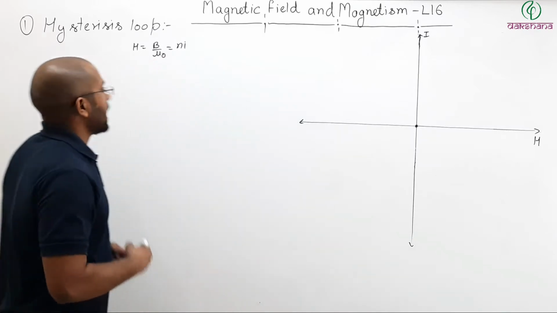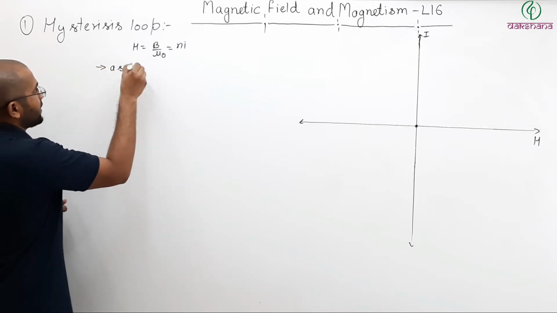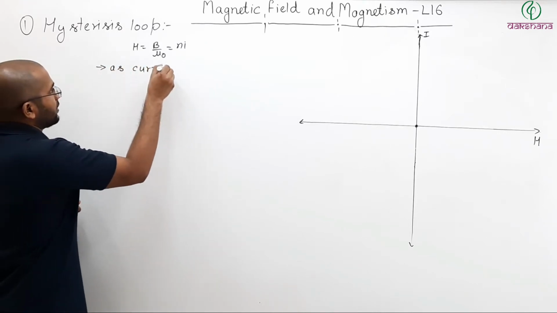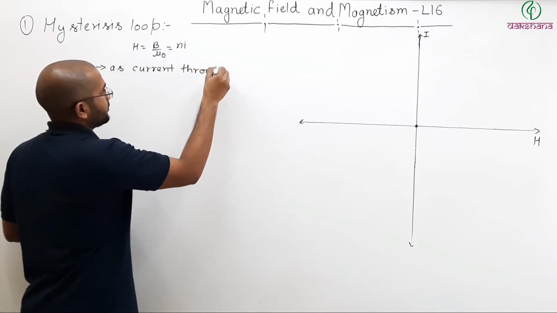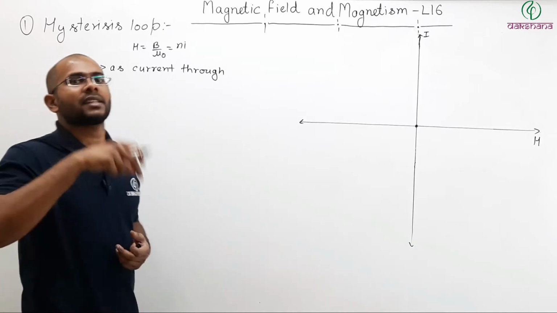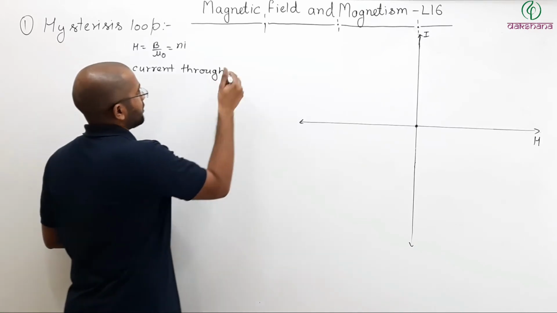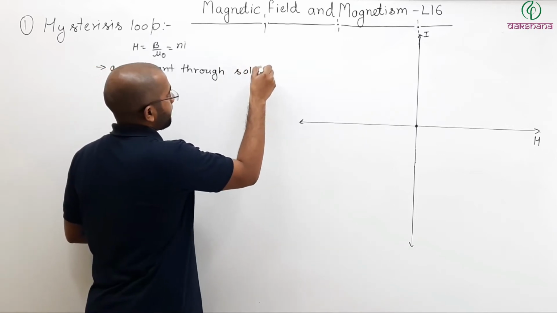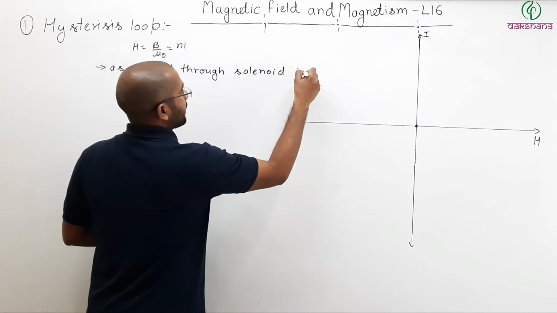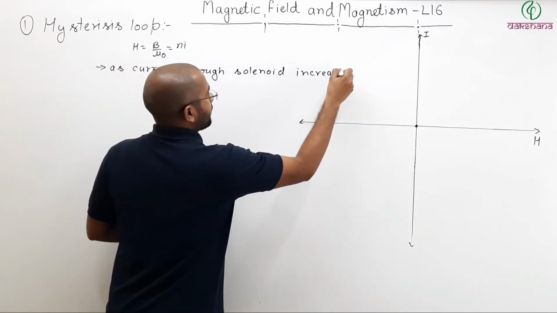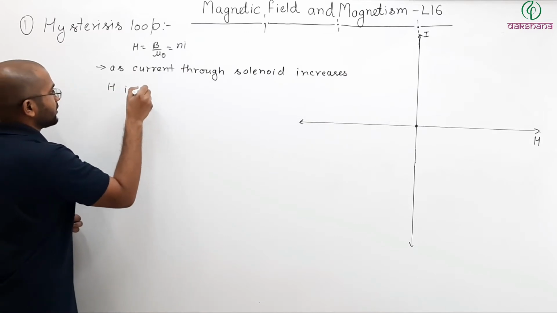So as the current through the solenoid increases, H increases, because we have placed our material inside a solenoid. That's how we can vary the magnetic field.